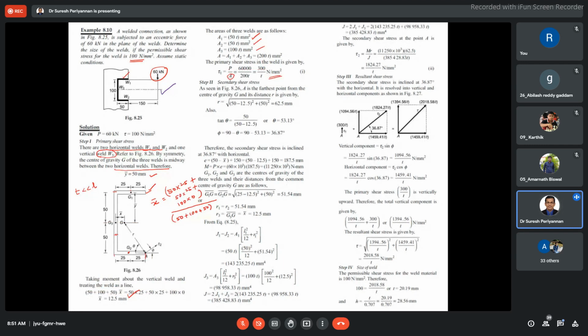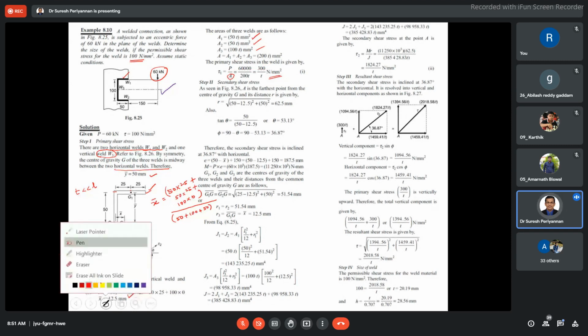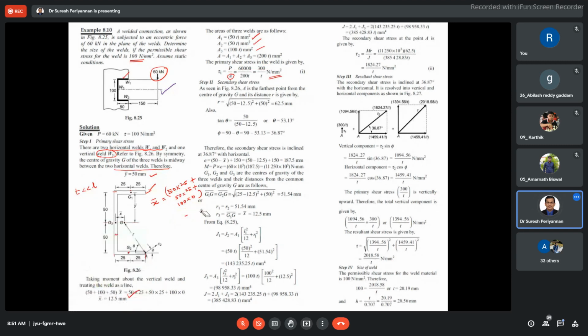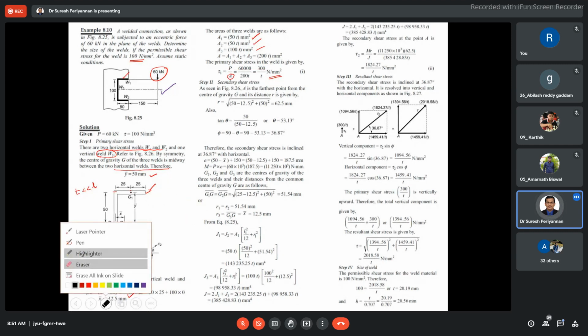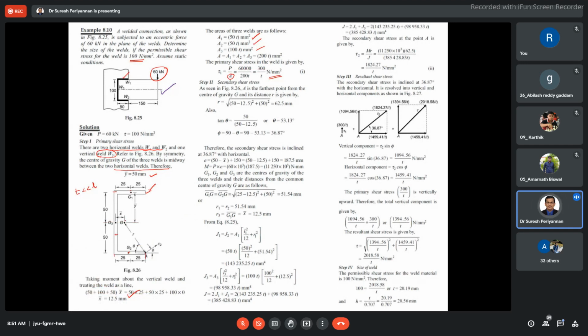Now our concentration is going to be on the secondary shear. See here, we know the CG, with X bar and Y bar. Y bar is here and X bar is here. Now we would like to find R1, at this corner, which is the farthest distance.